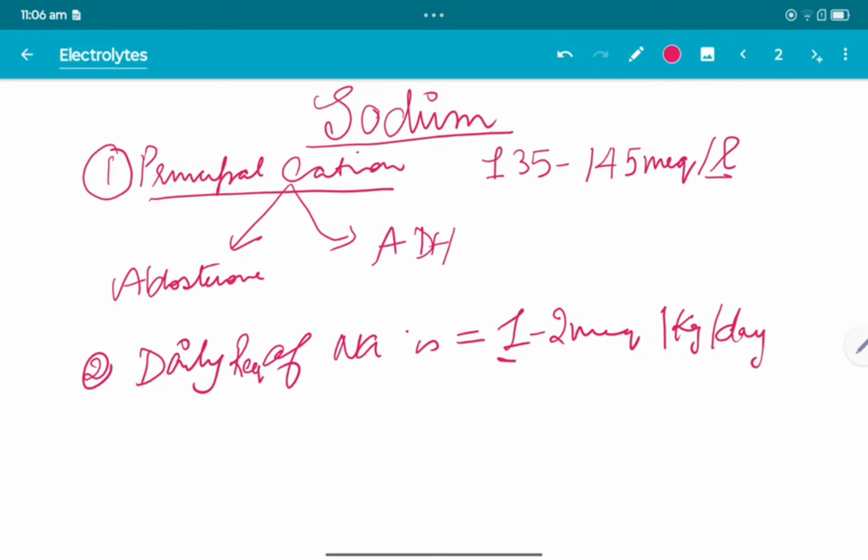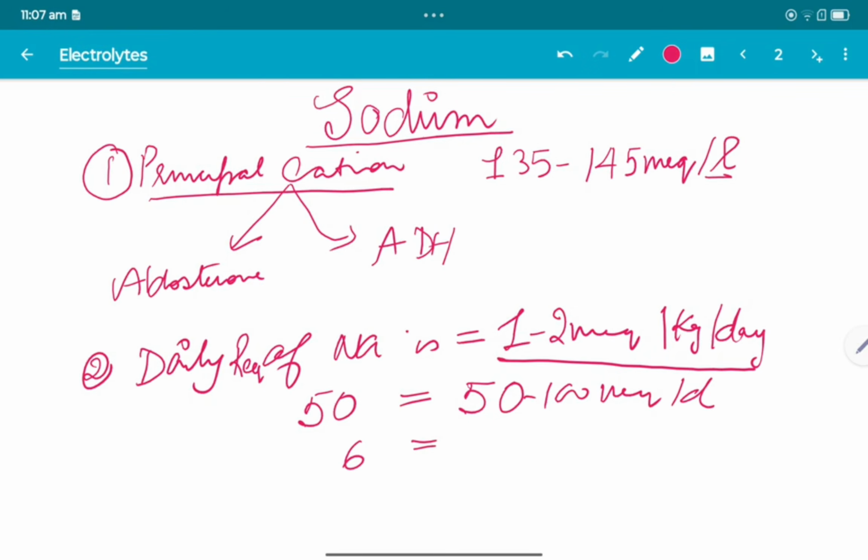So 1 to 2 milliequivalent per kg per day. Suppose a man is weighing 50 kg, what will be his daily requirement? 50 to 100 milliequivalent per day. Suppose he is 60 kg, then 60 to 120 milliequivalent per day.